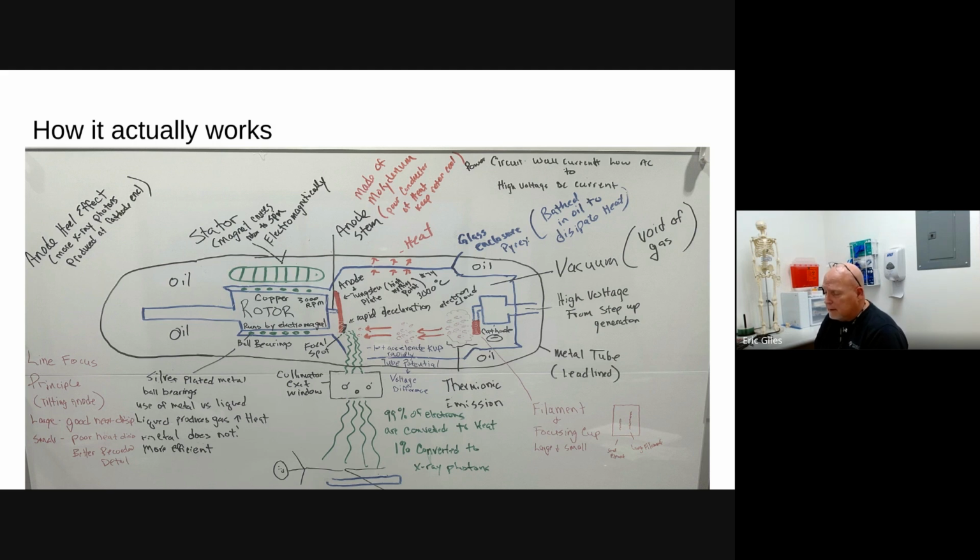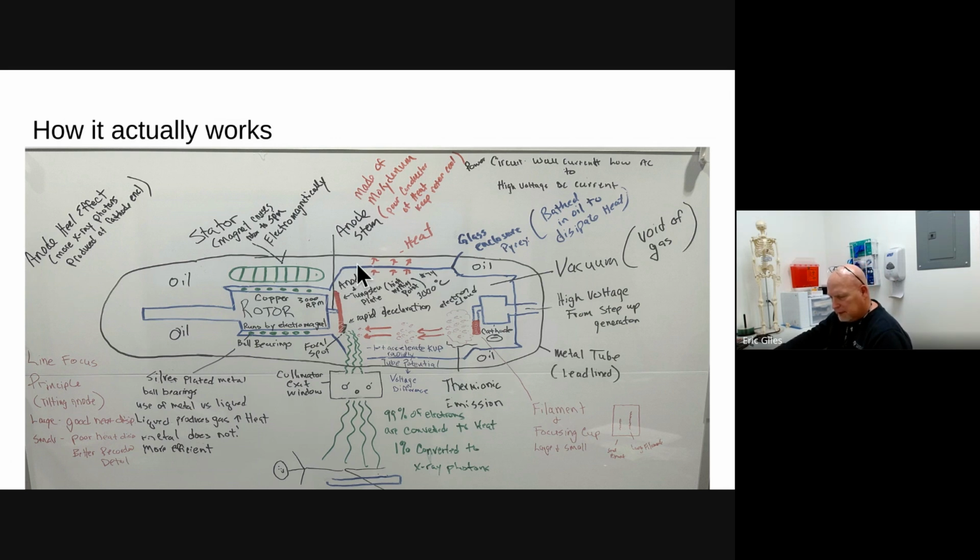I'll add right now that only 1% of the electrons that go across to the anode plate are converted to X-ray photons. 99 point something percent of the energy is actually emitted as heat. The X-ray tube around the glass plate right here is all filled with oil, and that helps dissipate heat. So we can get rid of that heat somehow.